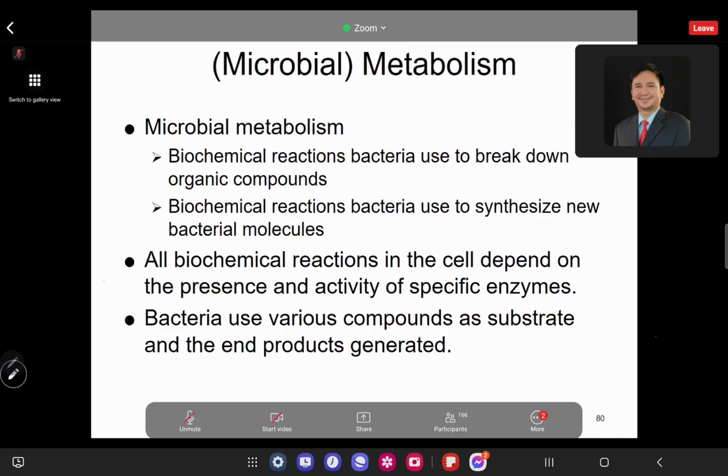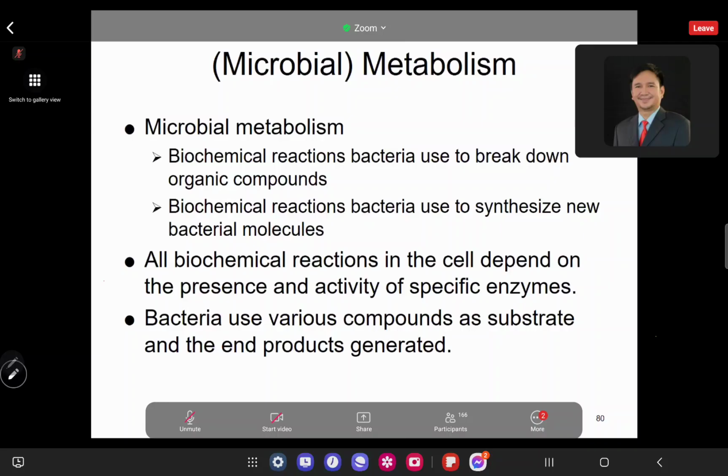Microbial metabolism involves biochemical reactions that enable bacteria to break down organic compounds for energy. Also, synthesis of new bacterial molecules necessary for growth and replication. All these reactions rely on the presence and availability of specific enzymes.